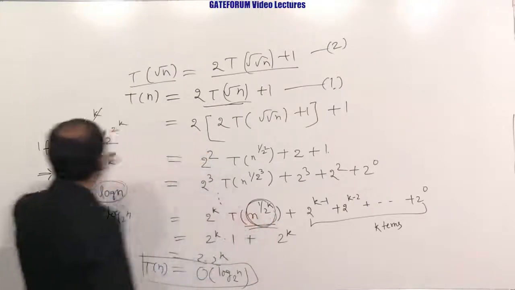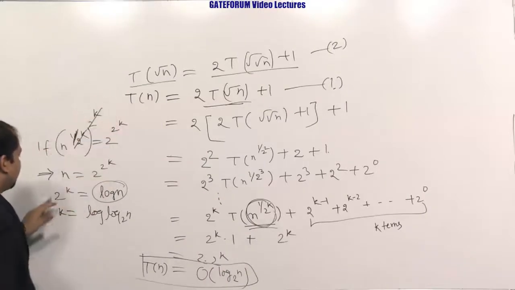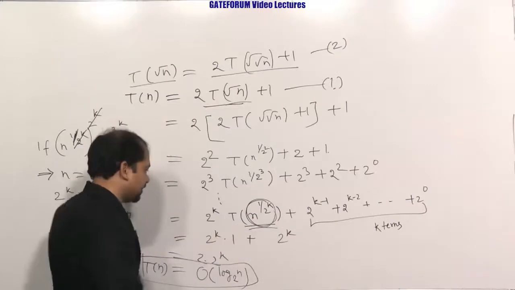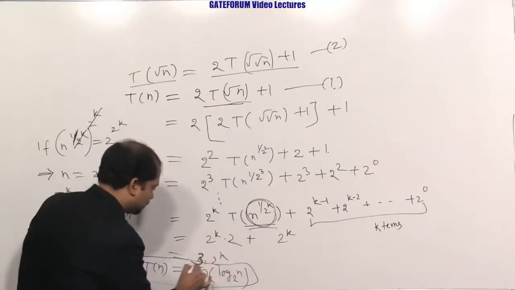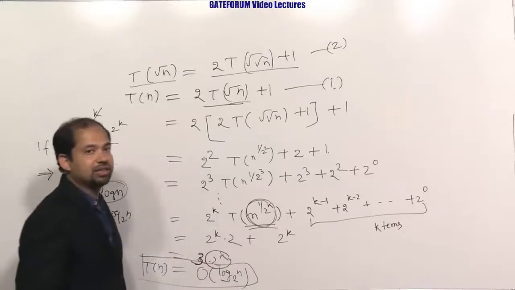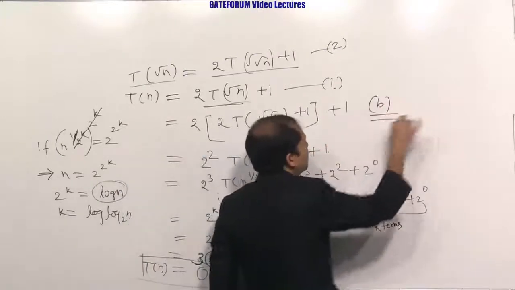So this is replaced by 2, and we have to find 2 power k on this side, 2 power k on this side. So we got 2 power k is log n, and this is 2 power k into 1, because this is basically 2. So this is 3 into 2 power k, and 2 power k is log n, and this is constant. So the answer here is log n, which is B. B is the correct answer.